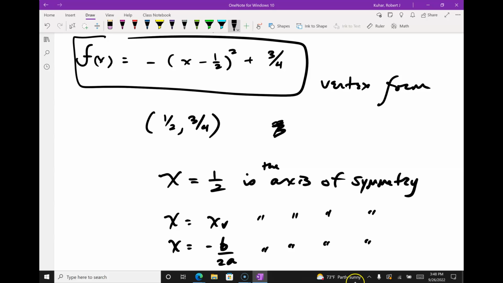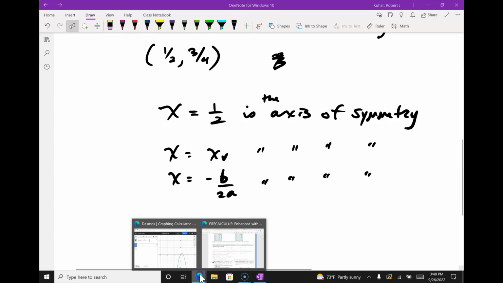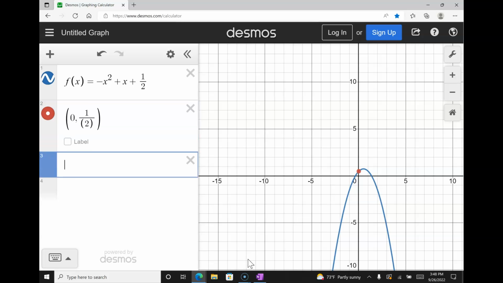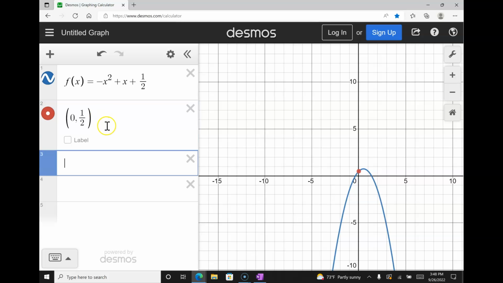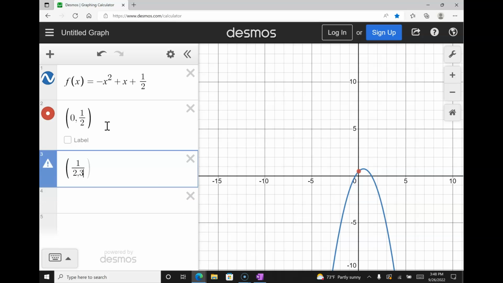Let me plot all of those. Sorry. Where is it? So I had a 0, 1/2 as my y-intercept. Boom. Oops, I got extra parens there, but that's okay. I had 1/2, comma 3/4 as my vertex.